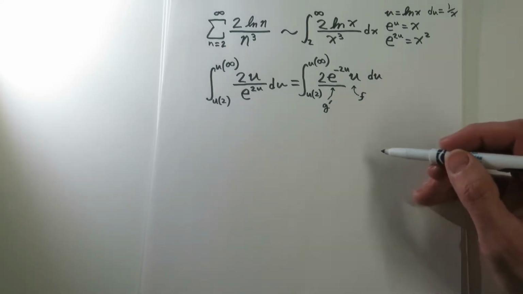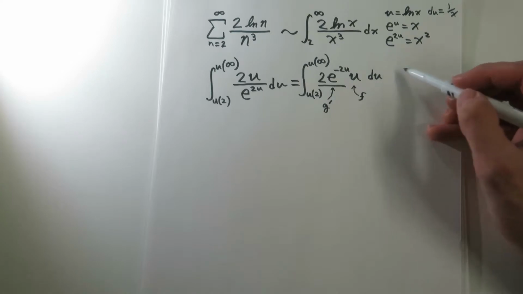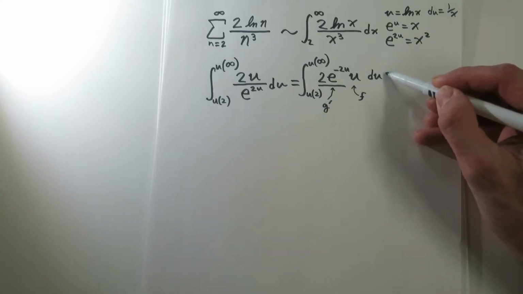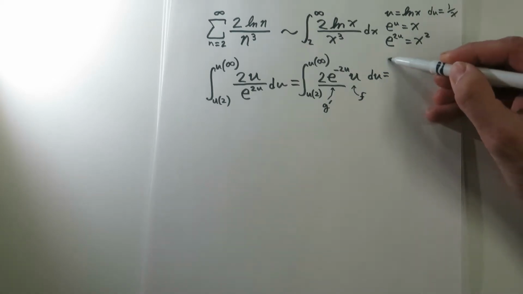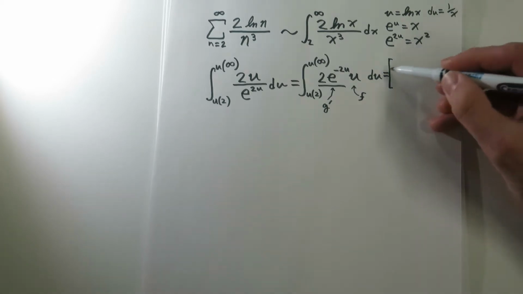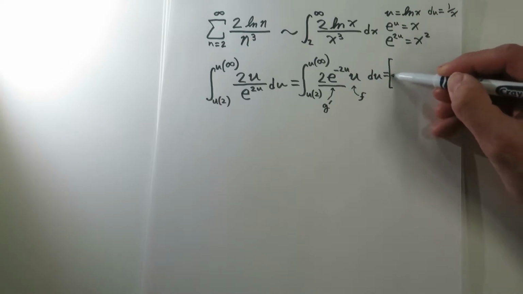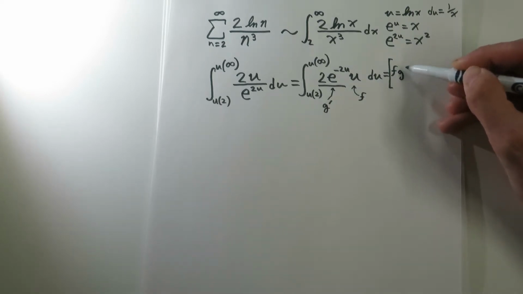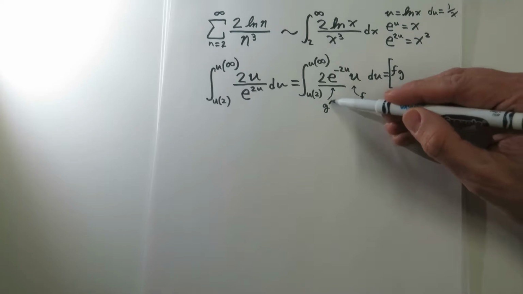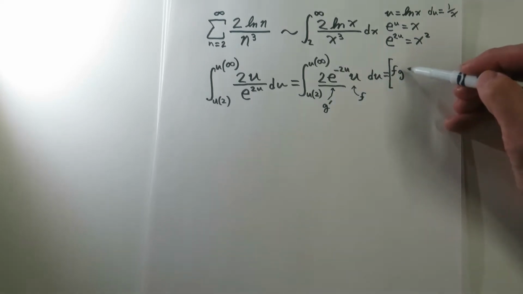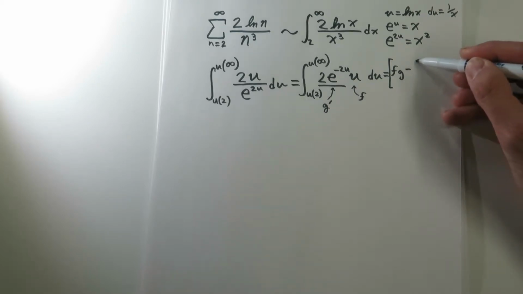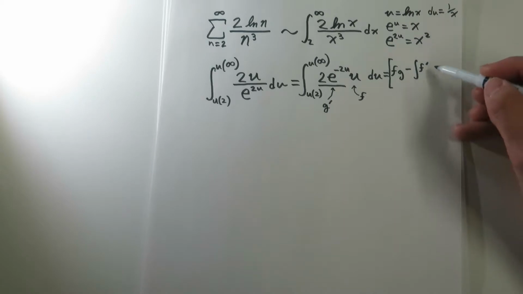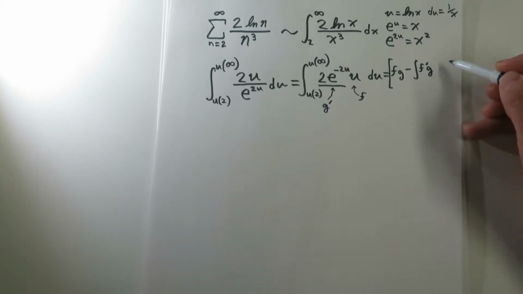So just pattern matching here with integration by parts, we know that this is going to equal f times g, not g prime but g, so we'll be taking the integral of g prime to get g, minus the integral of f prime times g.